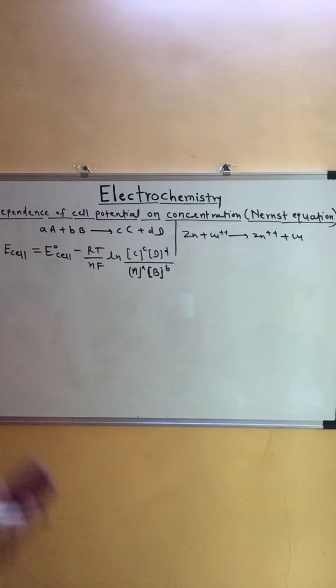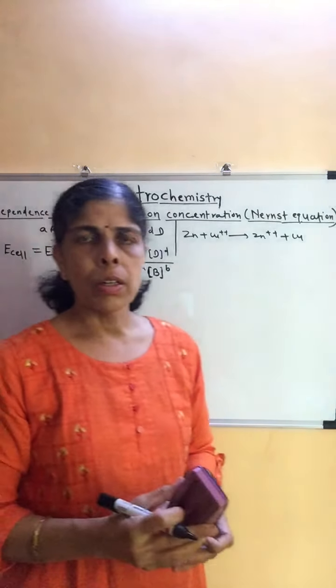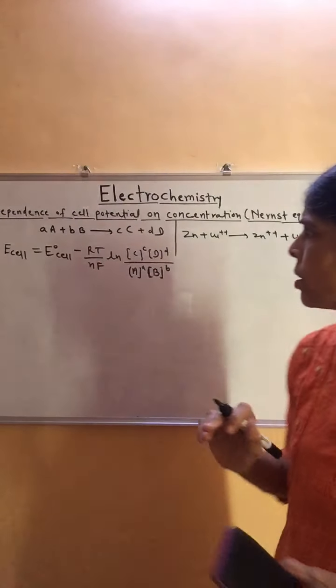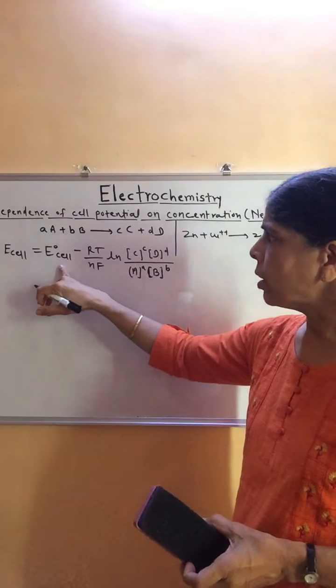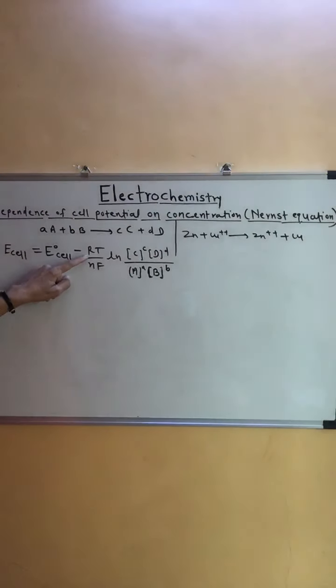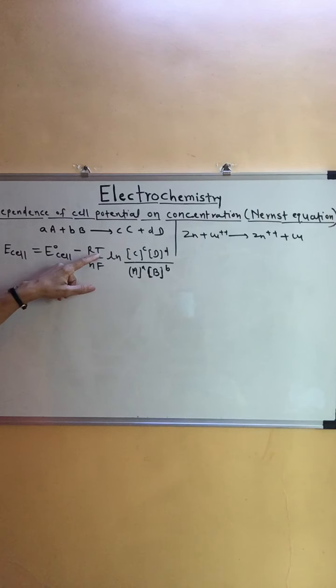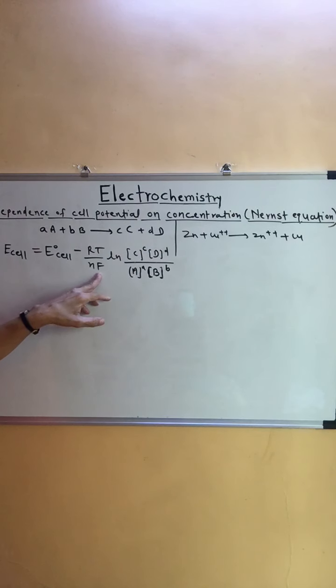Now, what is E cell? E cell is the potential of the cell which is measured under non-standard conditions. E naught cell is the potential of the cell which is measured under standard conditions. Now R is the gas constant, T is temperature, n is the number of moles of electrons involved in the overall reaction, F is Faraday.